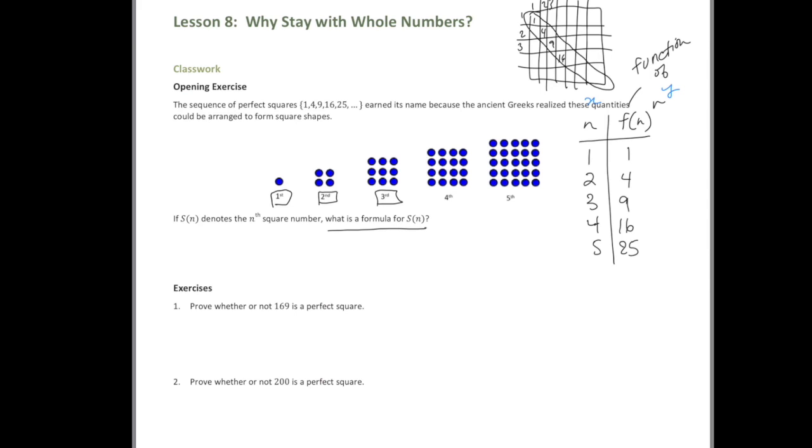If you remember when you had to write a rule in 7th grade from a table, I'm just going to digress here for a minute and give you an example. Let's say you had n and m, and you had to write a rule or a formula for this particular relationship. Well, the process for that essentially is to find how the values in m change from one to the other.